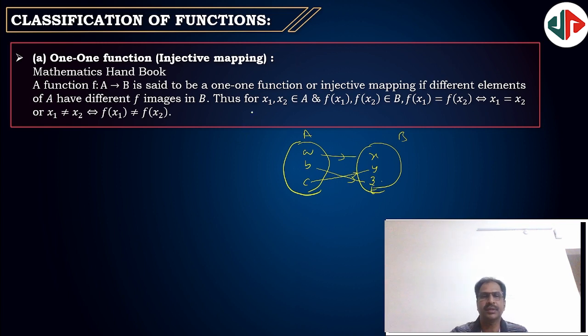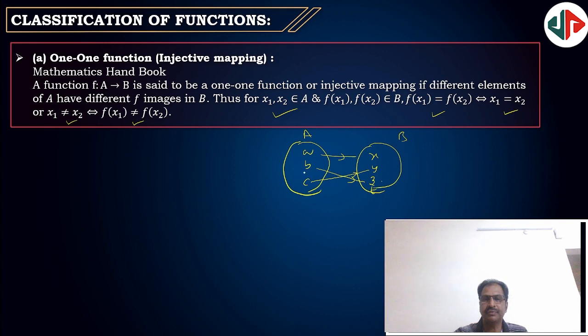That can also be stated like this. If x1, x2 belongs to A, f of x1 and f of x2 mean images of those, which belong to B. See, for elements of first set, images will be in second set. And if images are equal, then elements should also be equal. If x1 is not equal to x2, f of x1 not equal to f of x2.